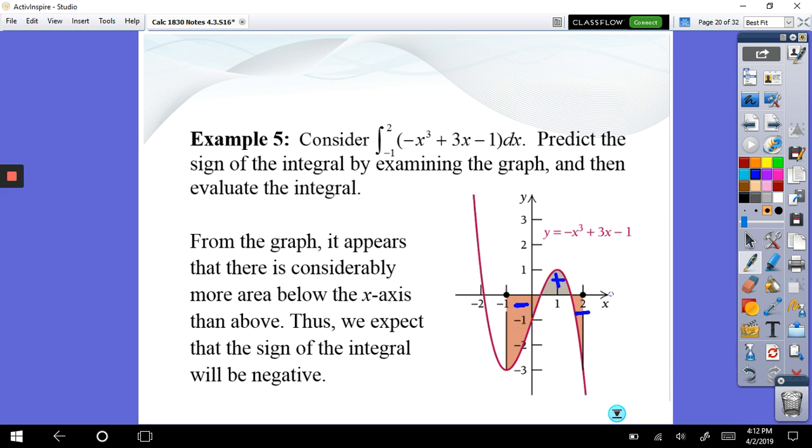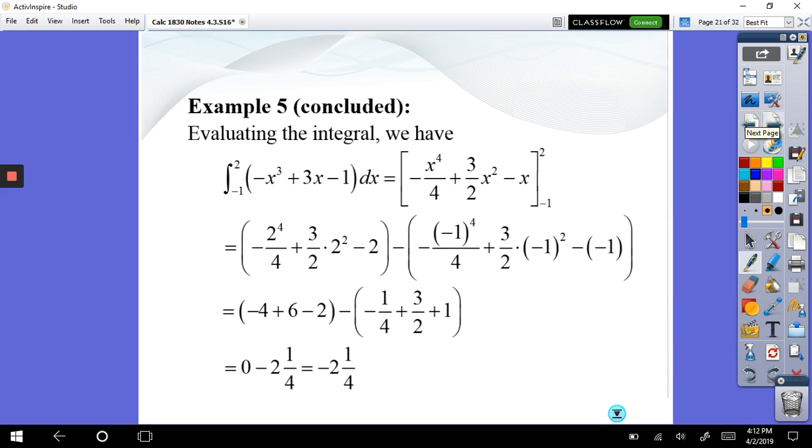So just from guessing, there's much more area down below, so we would guess that this integral from -2 to 2 is going to be negative. That is our prediction, because there's more area below the x-axis than above. And we could evaluate it to actually find that. It just helps you know if your answer's on the right track.